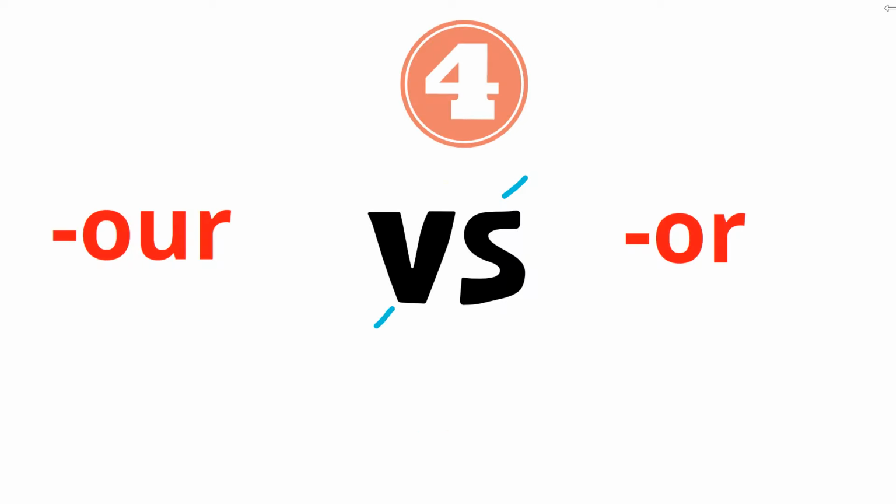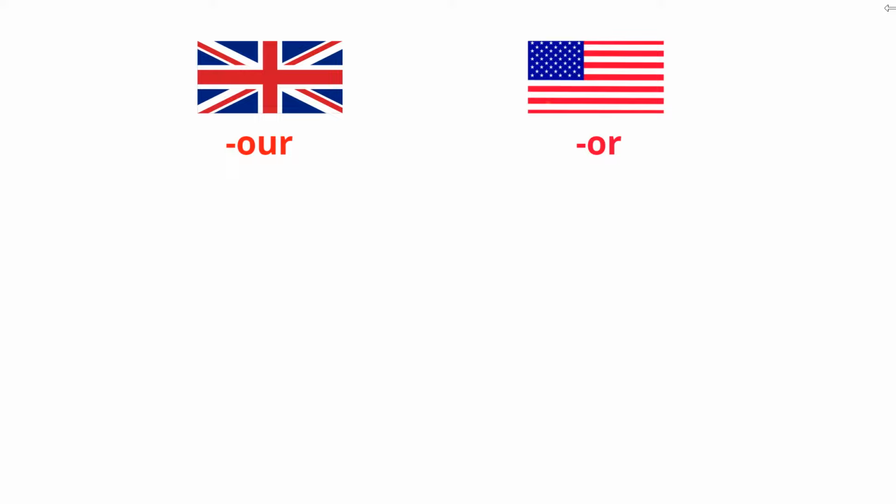Spelling difference number 4. OUR versus OR. This is one of the most famous spelling differences between British and American English and comes from French influence. Nearly all of these words originally come from Latin.